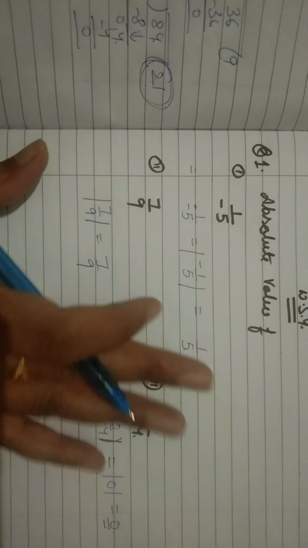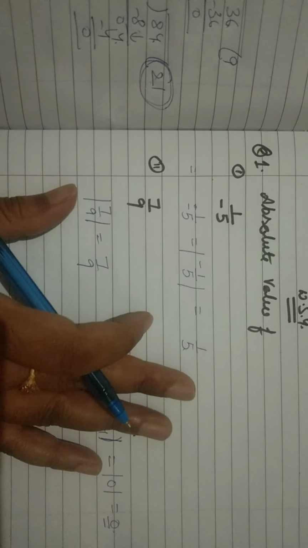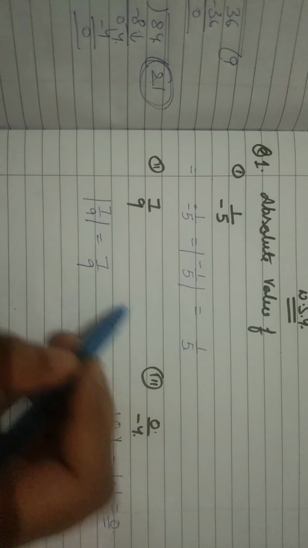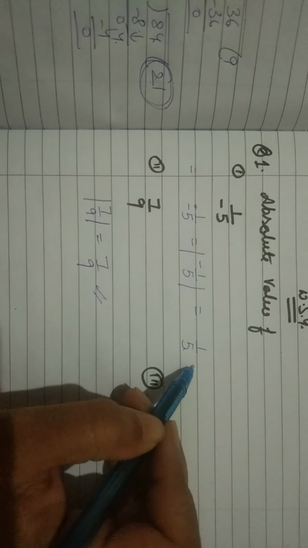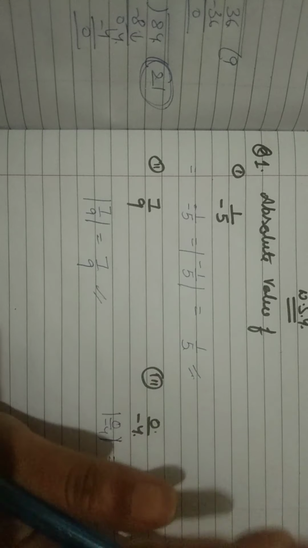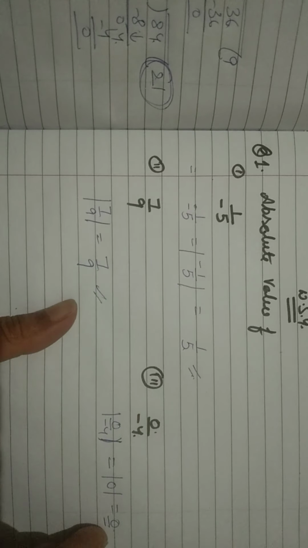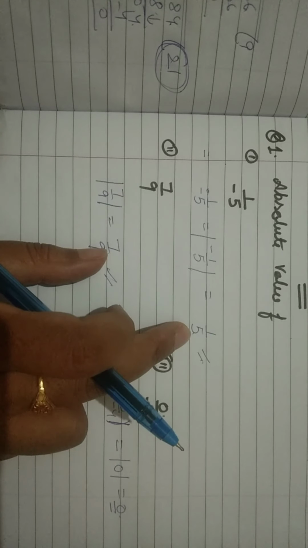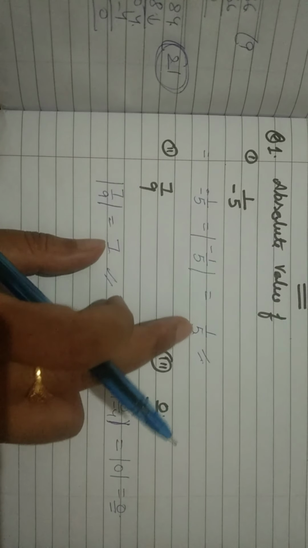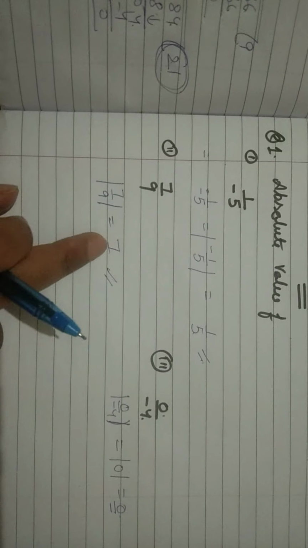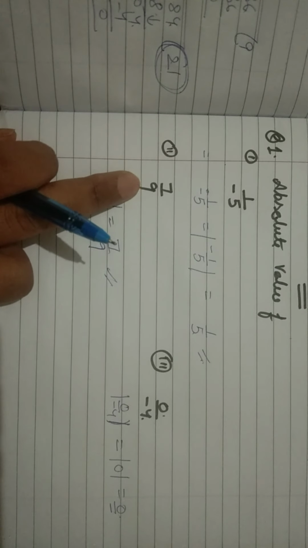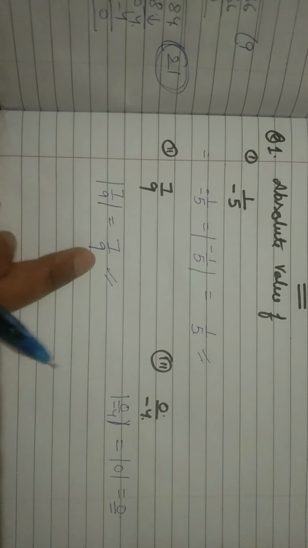And if we take the absolute value of any rational number, it will be either equal to or greater than the given rational number. You have to remember these 3 points. It was negative, and your answer became positive. Now see, over here the absolute value is greater than the given number, and in this case the question was positive and the answer is also equal.